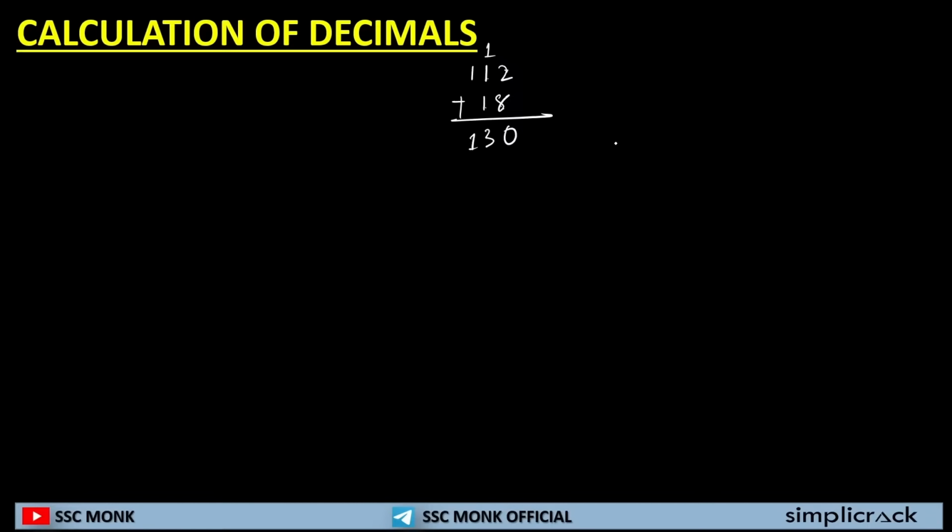Understand, if I add 13.8 plus 14.76, you will always put 0 over here if nothing is out there. Now 0 plus 6, 6, 8 plus 7, 15, 1 carry out, before that, decimal here, 4 plus 3, 7 plus 1, 8, 1 plus 1.